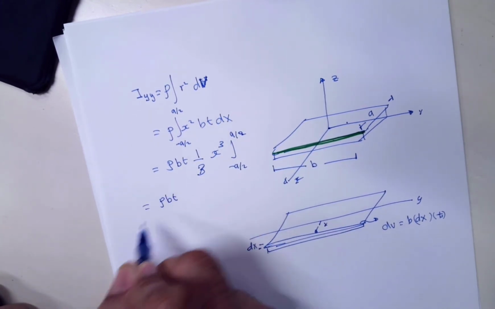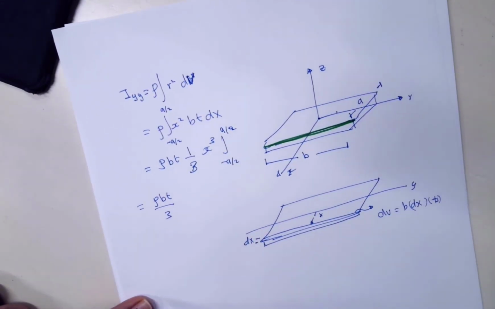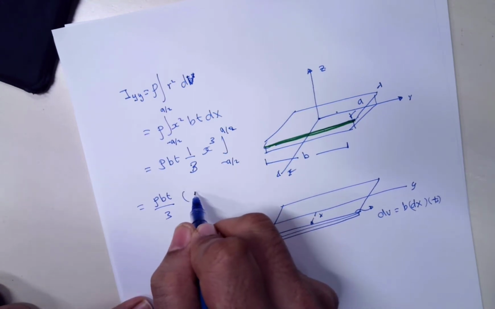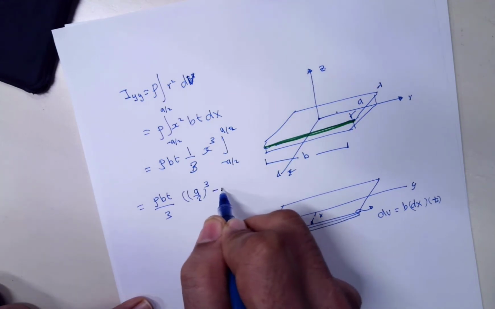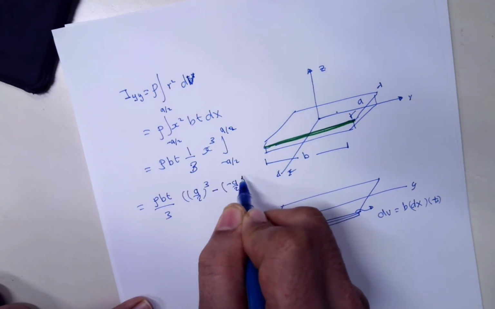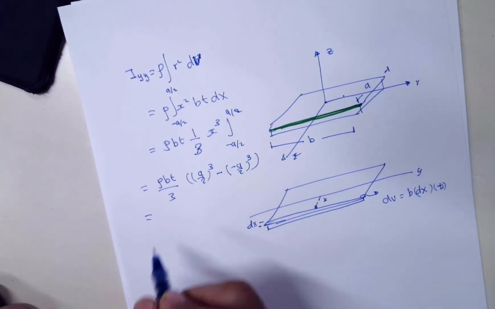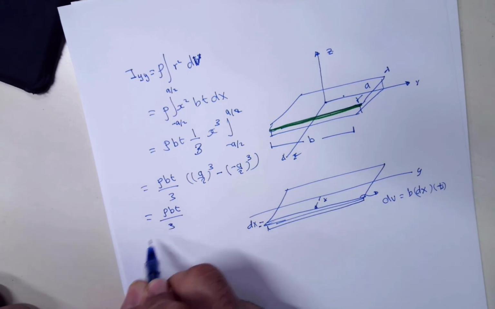Rho b t over 3, and that is a over 2 minus negative a over 2, and this is rho b t over 3.